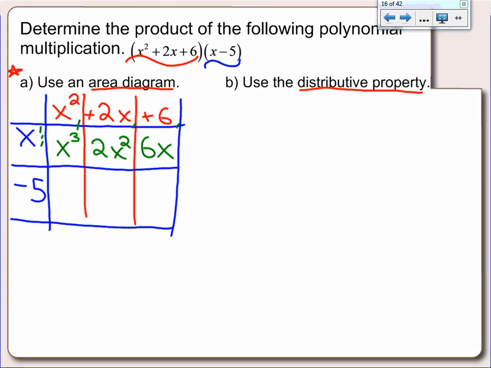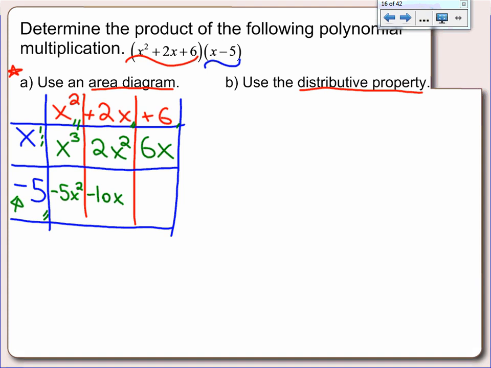With the bottom, it's super important that we see that negative sign. And remember, everything we multiply, that negative sign. So it's negative 5 times x squared, so we get negative 5x squared. We then go negative 5 times 2x, and we get negative 10x, because negative 5 times 2 is negative 10, and the x is still just there.